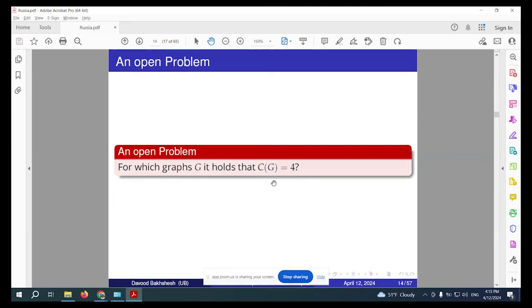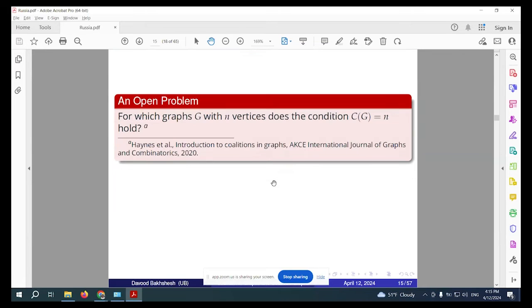And another open problem is: for which graph G does it hold that C(G) is equal to 4? In other words, characterize all graphs G with C(G) equal to 4.